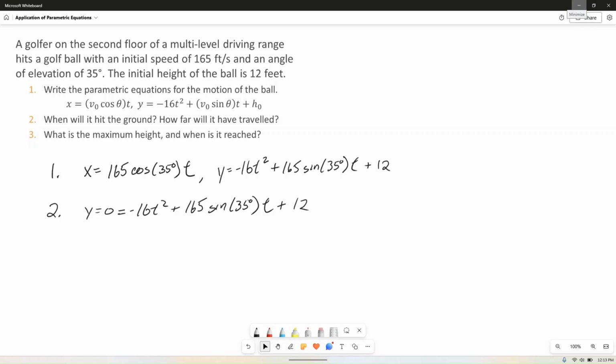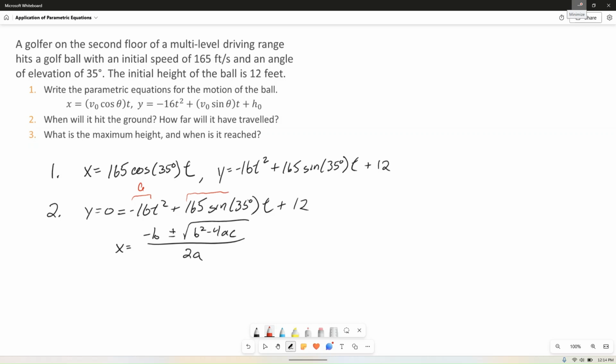Okay, so if you remember the quadratic formula, x is equal to the negative b plus or minus the square root of b squared minus 4ac all over 2a, right? That's the quadratic formula. In this case, the a is our negative 16.